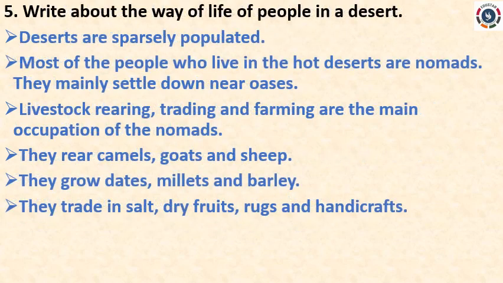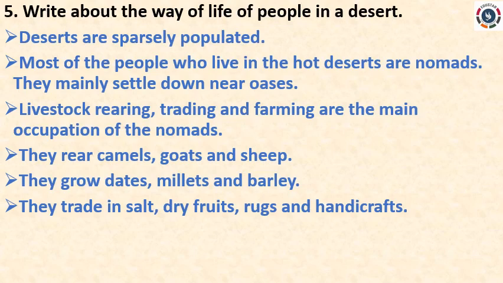Number 5. Write about the way of life of people in a desert. Answer. Deserts are sparsely populated. Most of the people who live in the hot deserts are nomads. They mainly settle down near oases.